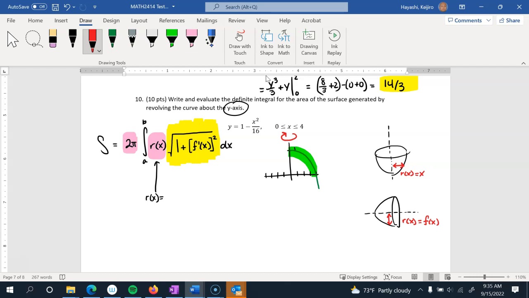Not the formulas for what the derivatives of certain functions are, or what the integrals of certain functions are, but yeah, formulas for things like volume or surface area or arc length.